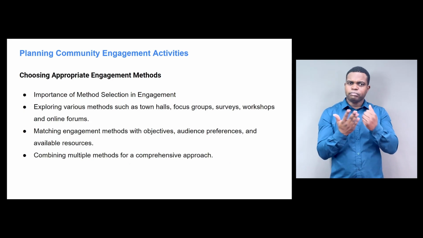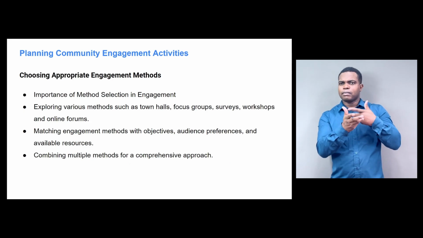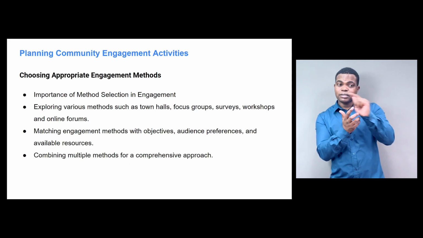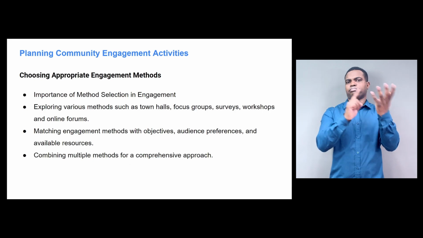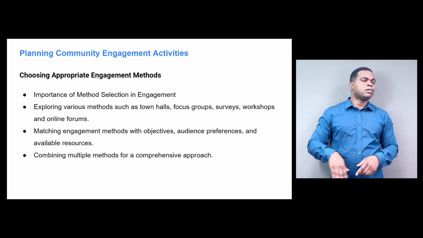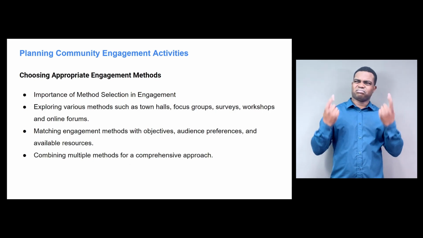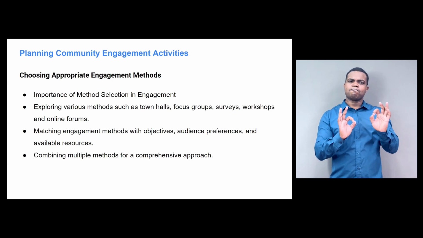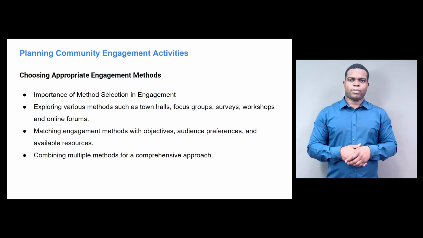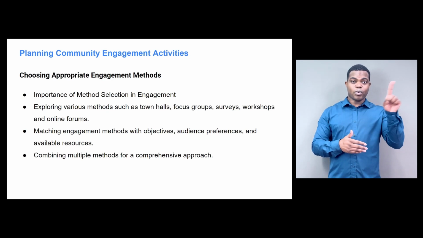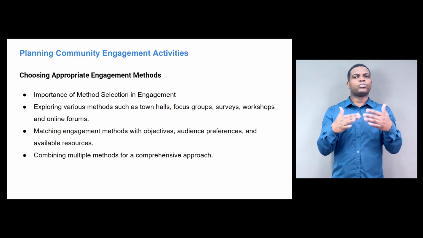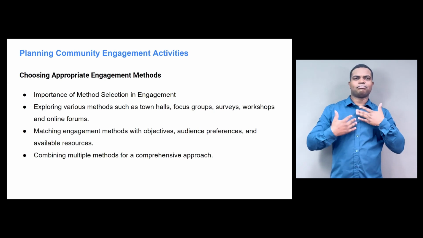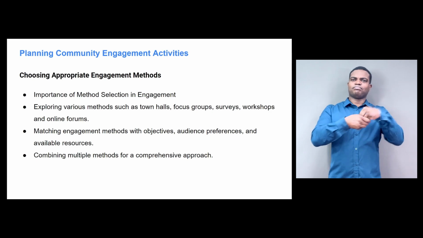When you choose an appropriate engagement method, it directly influences the success of your initiative, because using the wrong method can lead to disinterest or misunderstanding among the community members that you are engaging with. Using the right method can facilitate meaningful conversations and encourage active participation.